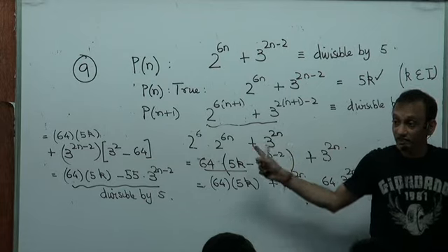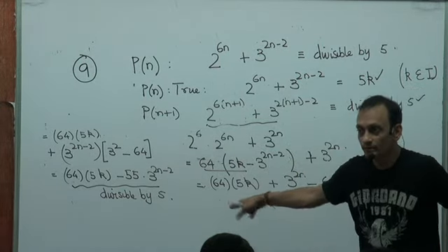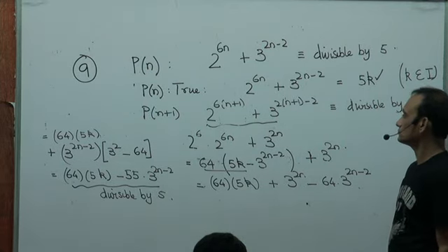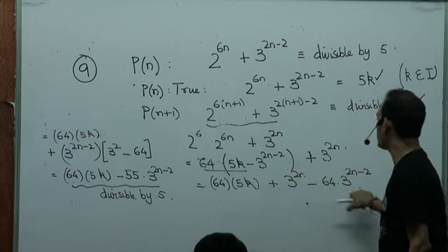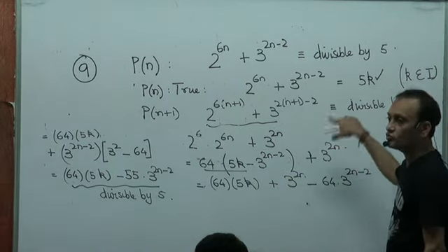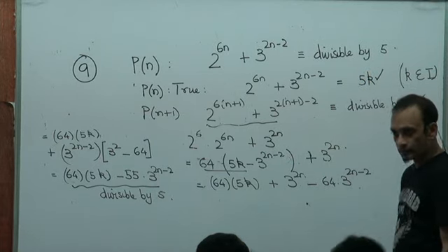Do you all realize everything that I have done? The entire algebra here? See, from these two, when I take 3 to the power 2n minus 2 common, this will be 3 squared, because 2n minus 2 plus 2 will be 2n, right?